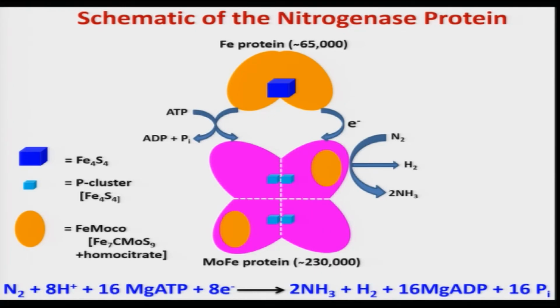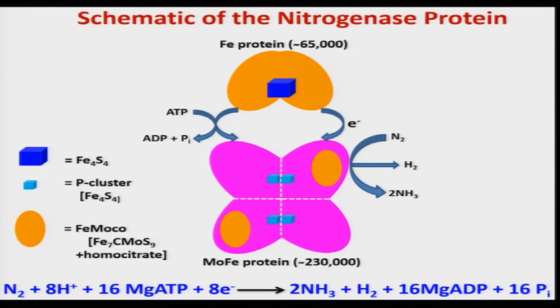As you can see, this iron protein, whose molecular weight is around 65,000 Dalton, is shown in a square block, and this supplies electrons to the P cluster, which stores all these electrons, and the energy, actually 16 ATP units per dinitrogen, is required, and this huge energy is provided by the ATP, and ATP is converted to ADP plus phosphate and releases a huge amount of energy which is required for this reduction process.